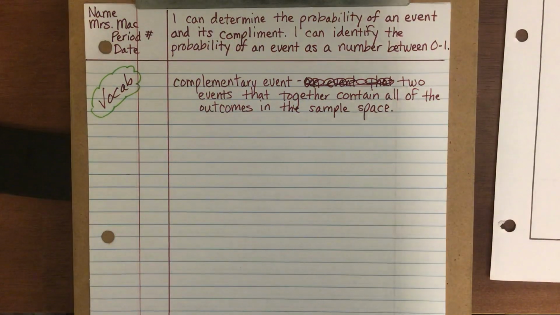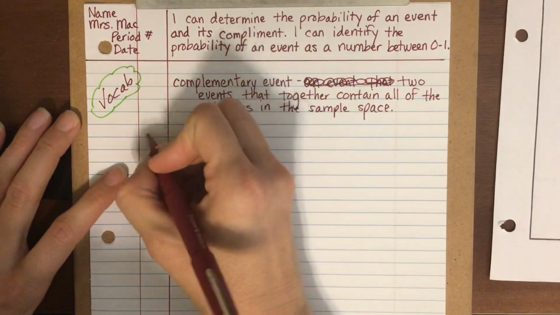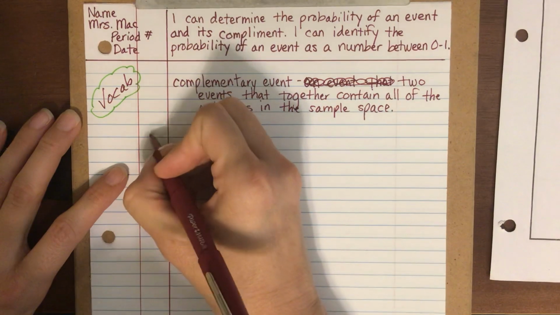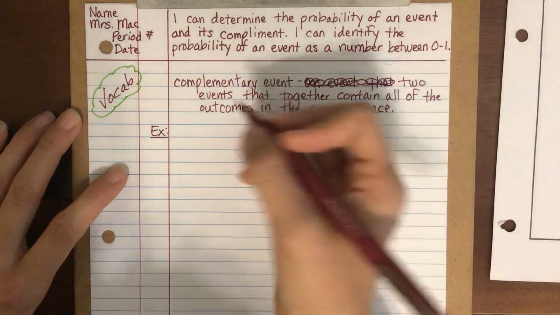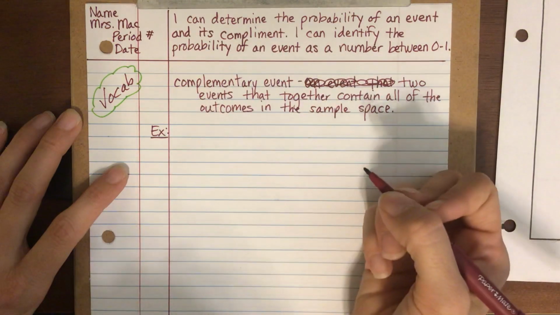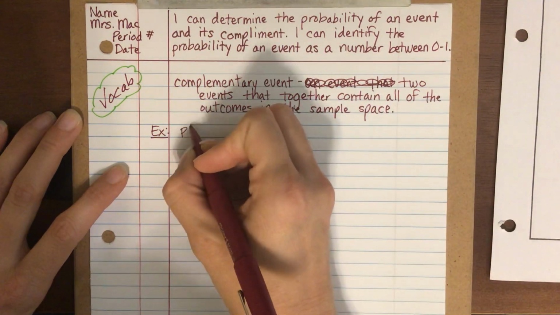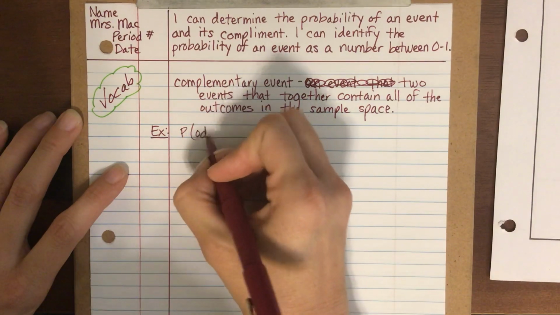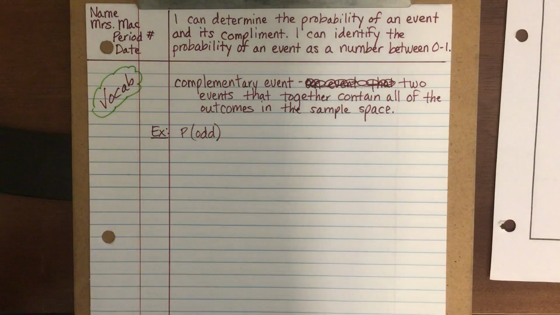Okay, so for an example, we talked a lot about the number cube yesterday. Complementary events in this case might look like this. The probability that you roll an odd number. Well, remember on a number cube, the numbers are 1 through 6.